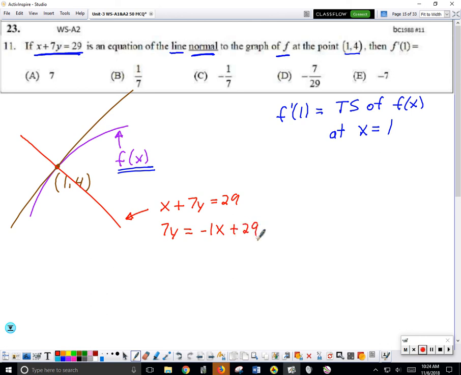How many knew that before you said it? 2 points. Anybody have a different idea? I would say find the tangent line, that equation, and then you just flip the m value that you get. No, that's perfect. It really is.